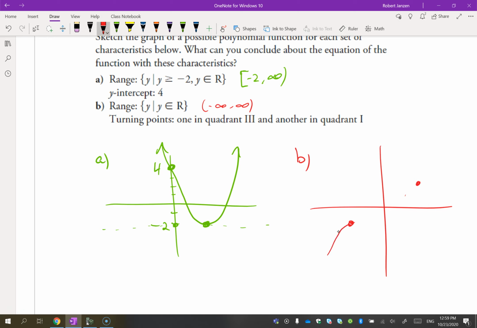Okay, so I want to be able to turn here, and I want to be able to turn here. The problem with this is it's going to have an extra turning point in there. So maybe I should go the other way. Maybe I should turn like this, and then turn like that. Oops. Turn here, and turn here. Okay, so there's a possible graph.